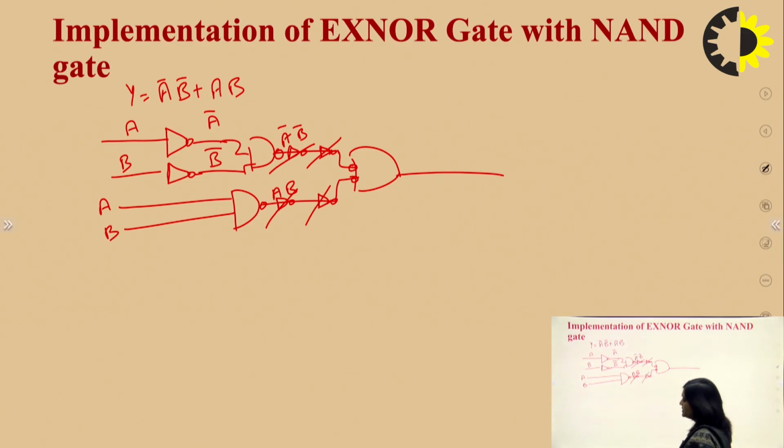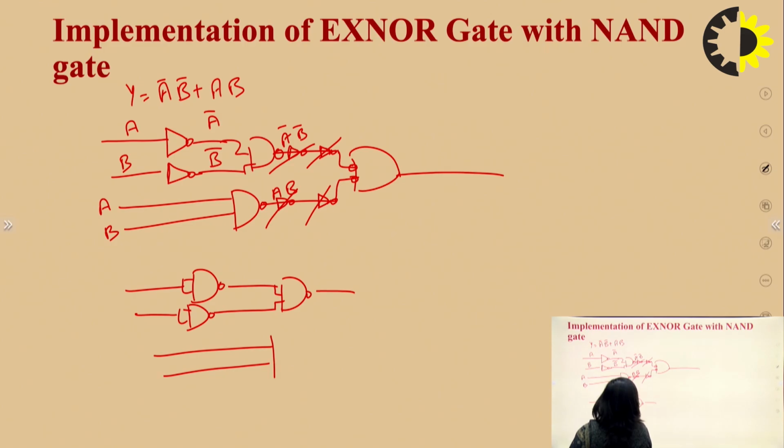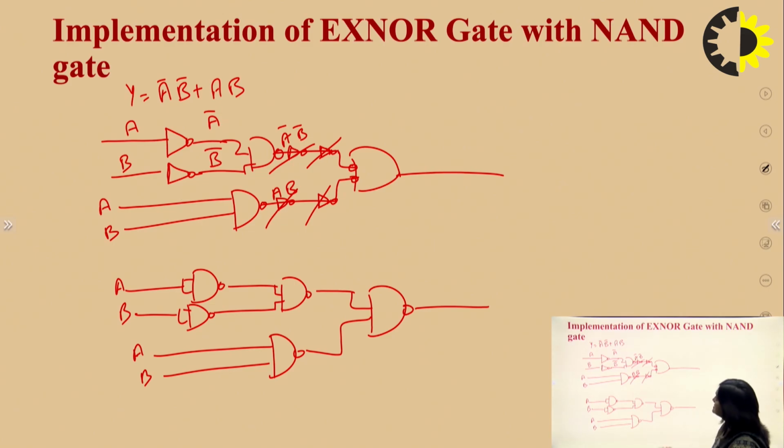Okay, now redraw this circuit with the help of NAND gate only. Okay, so this is how we can design an XNOR gate using NAND gate only, using the bubble method.